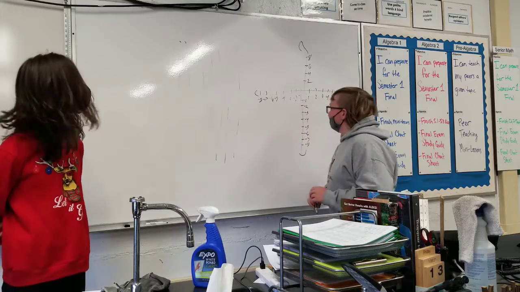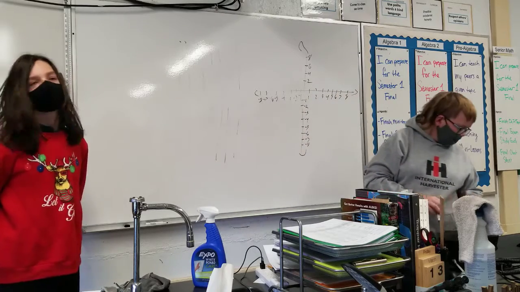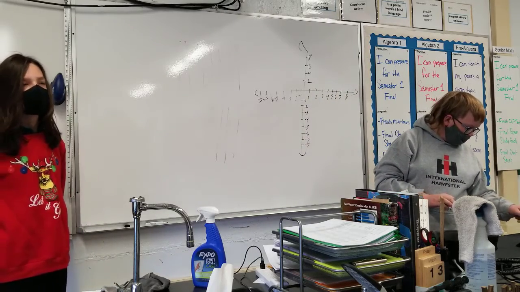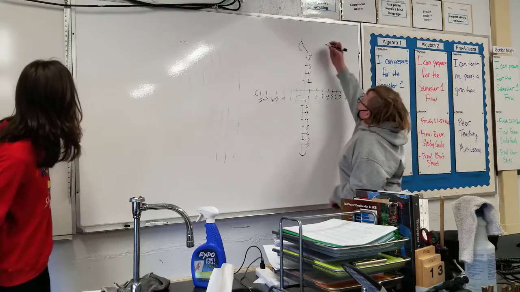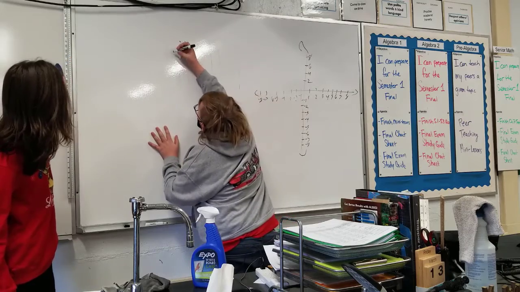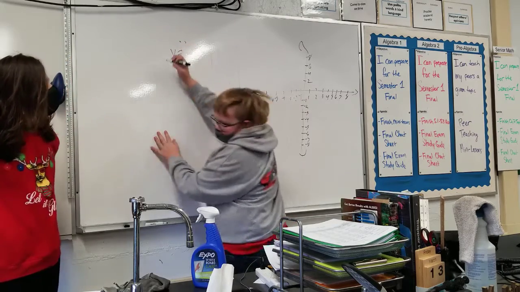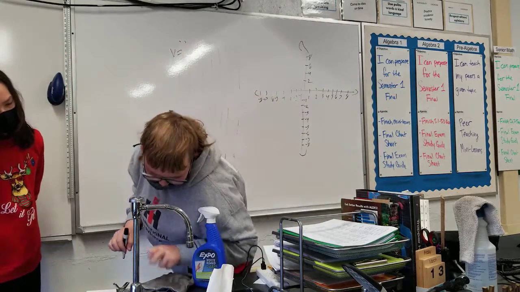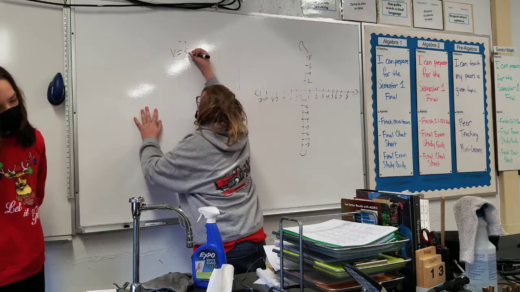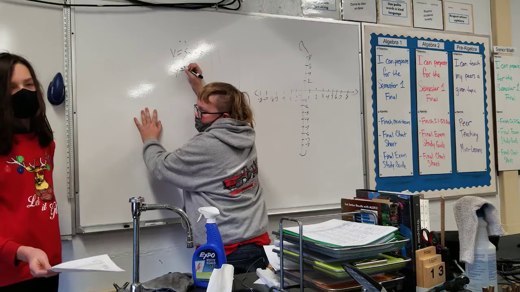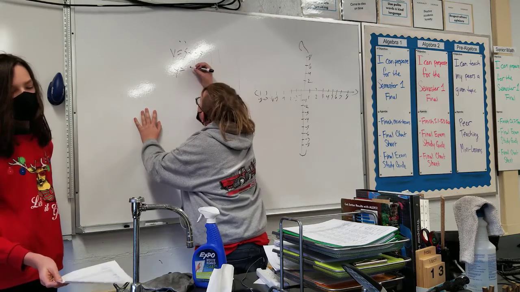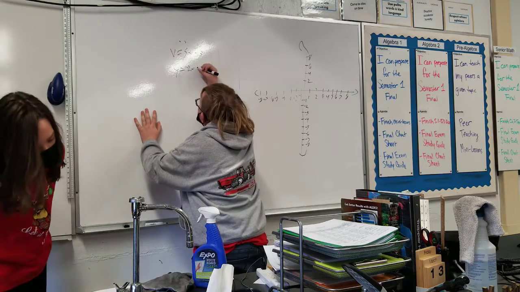So, on the first column, our first linear equation is y = 5x minus 3, and the second is y = negative 2x minus 4.